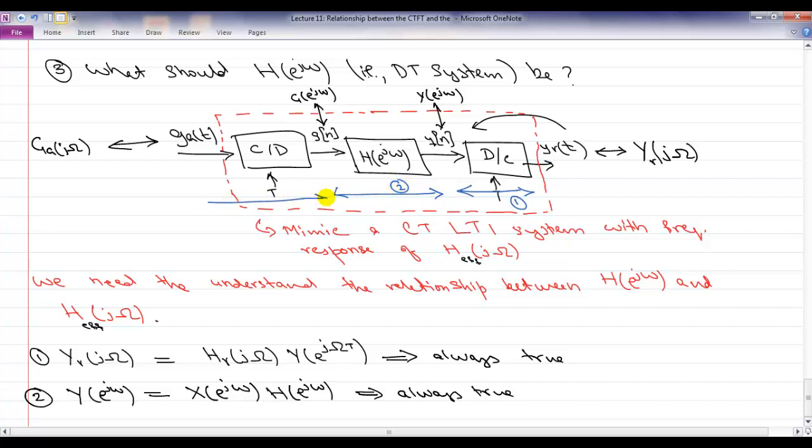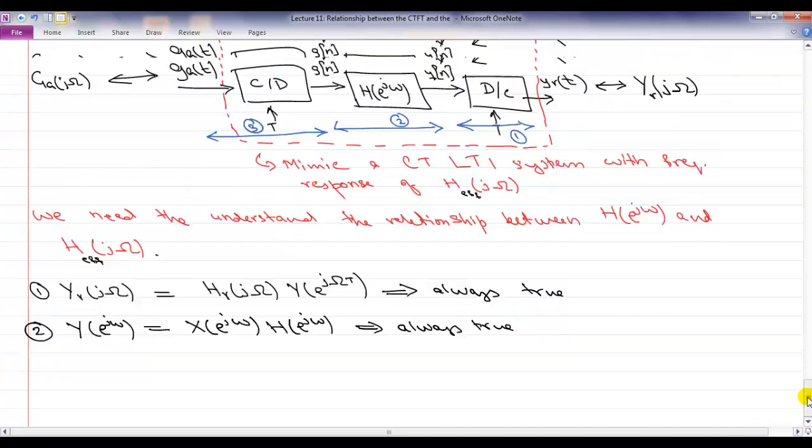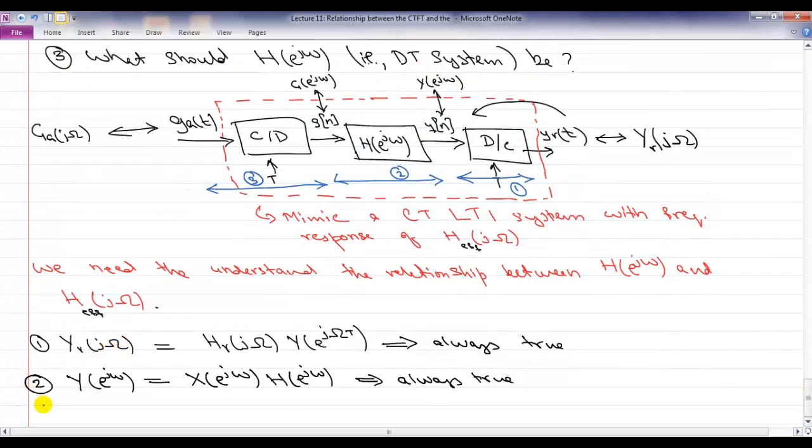Let's now look at block 3. What is the relationship between g, sorry, it should not be x, it should be g, and the input continuous time Fourier transform?